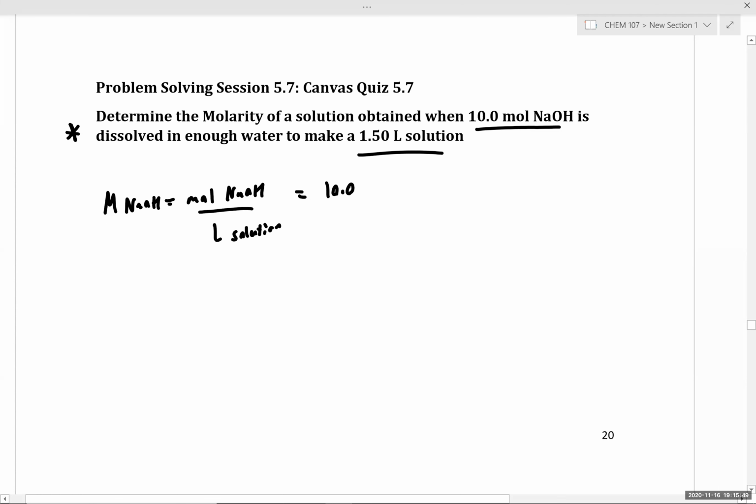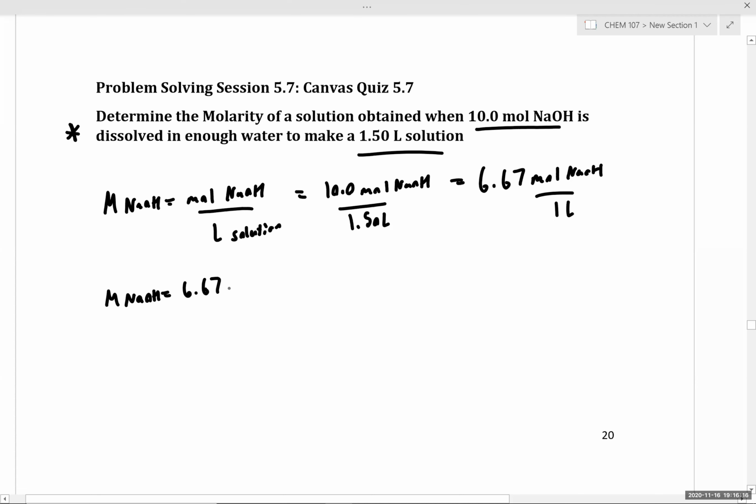So if we have 10.0 moles of sodium hydroxide and 1.50 liters of solution, punching this in, we get 10 over 1.50, which gives us 6.67 moles of sodium hydroxide per 1 liter, or the molarity of sodium hydroxide is equal to 6.67 molar.